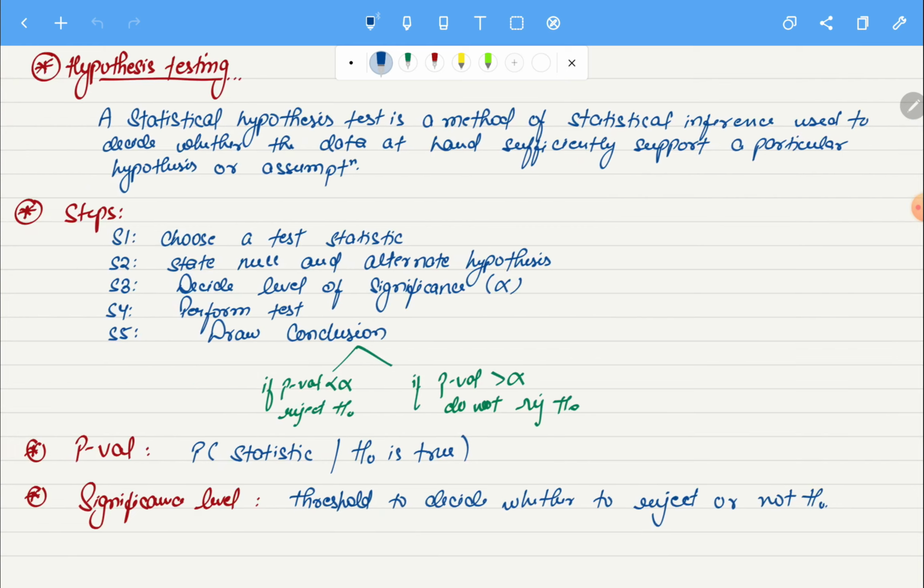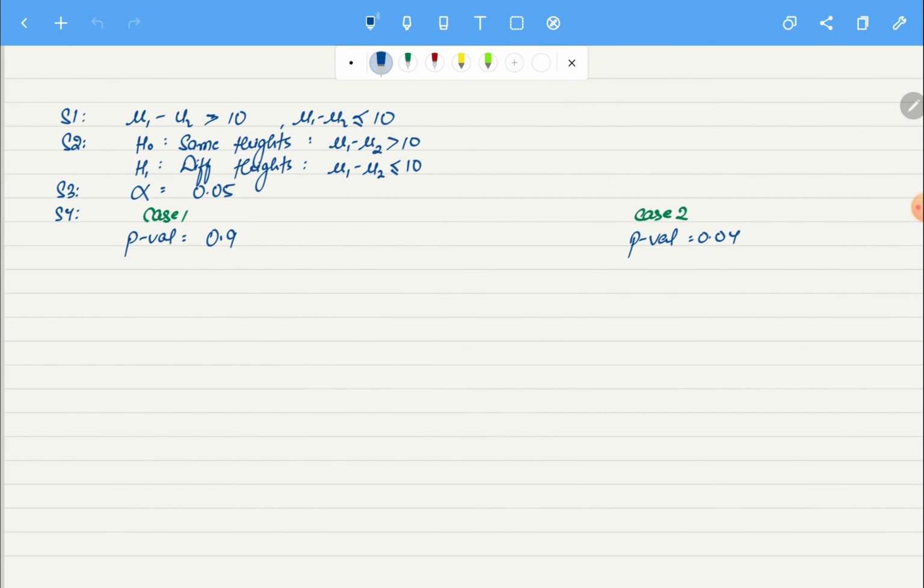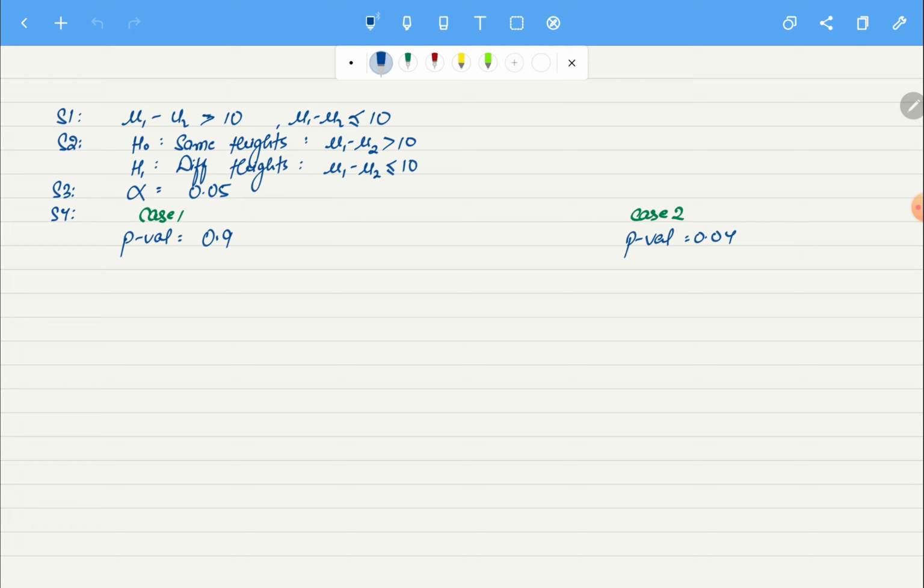In the previous slide we have seen that if p-value is less than alpha, we reject the null hypothesis, and if p-value is greater than alpha, we do not reject the null hypothesis. So here we have p-value greater than 0.05, which is alpha, so in this case we will not reject the null hypothesis, and in this case we have p-value less than 0.05, so we will reject the null hypothesis.